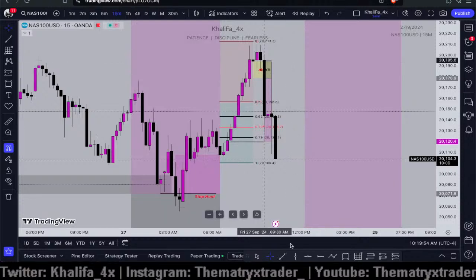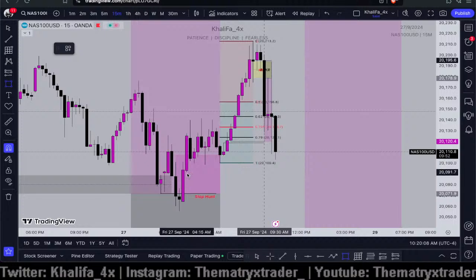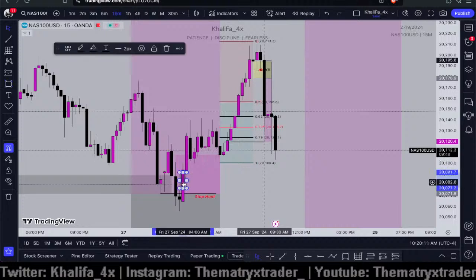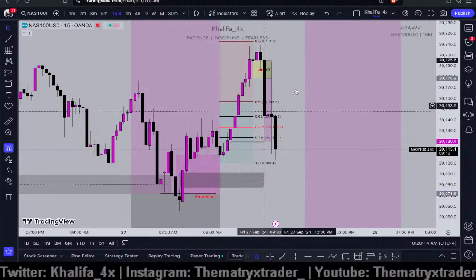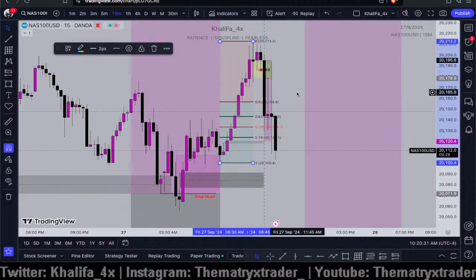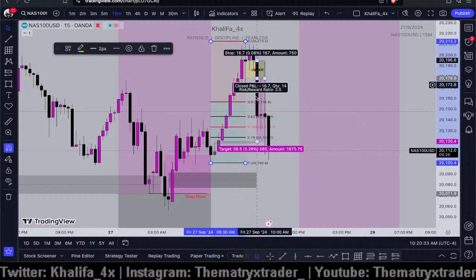So much liquidity. Well, potentially if price goes, but obviously not this optimal trade entry, because you see the choppiness in the price action.